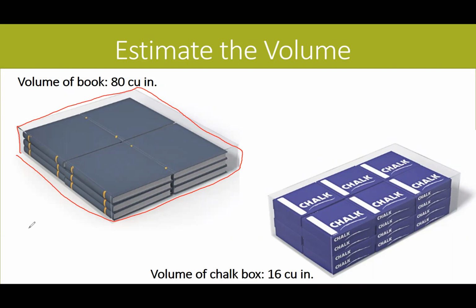Did you get 12? I have 1, 2, 3 books there. 4, 5, 6 books there. 7, 8, 9. And even though I can only see the one on the top, I know that they're all going to be even and follow that pattern. So it's going to be a total of 12.